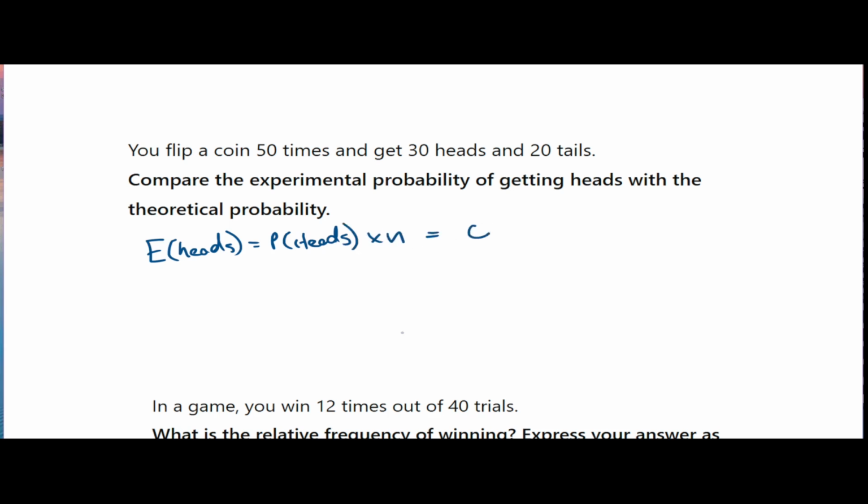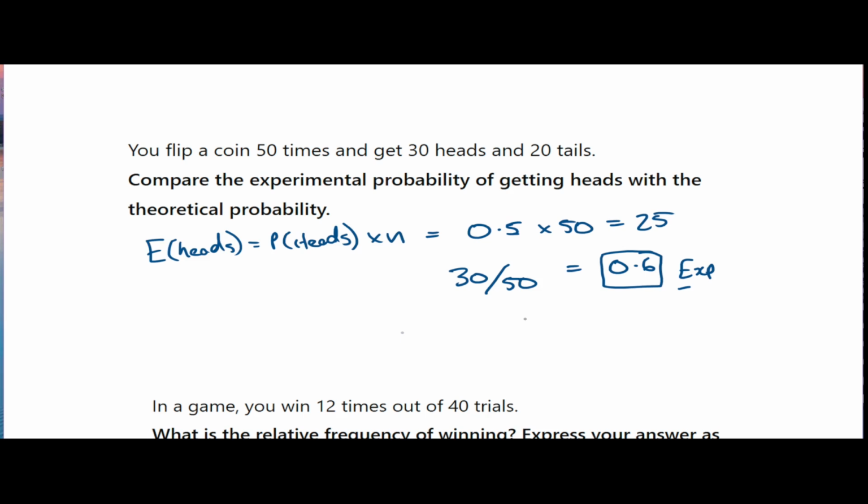So I'm going to presume it's a fair coin. There's a 0.5, 50-50 chance of getting heads, times 50, so we would expect to have gotten 25. We actually got 30 out of 50, which is 0.6.